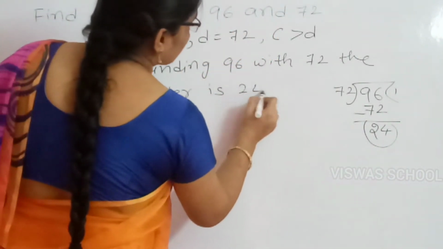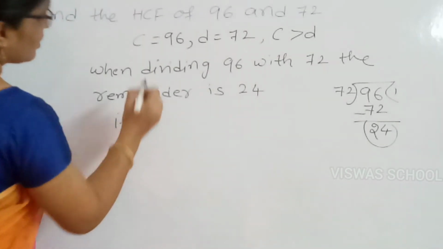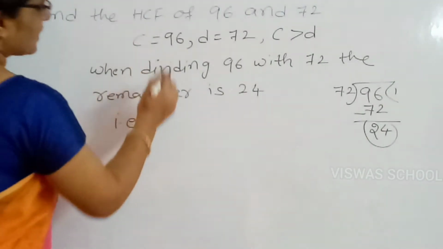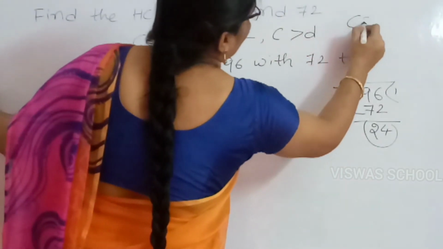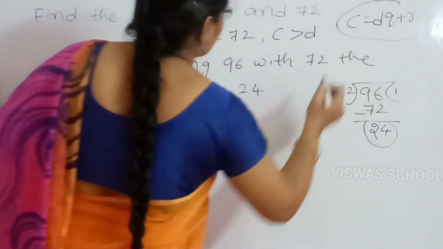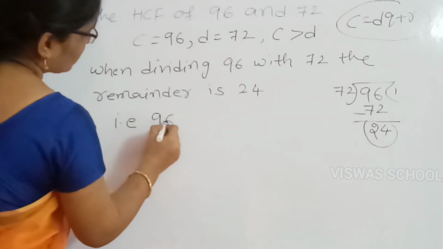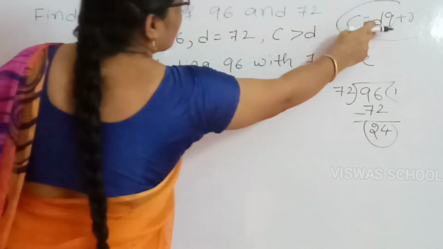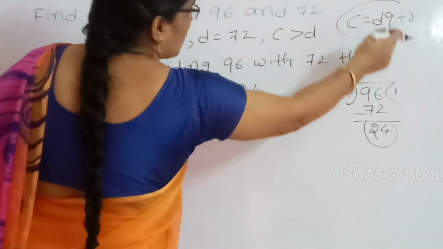The remainder is 24. Then how do you express this in Euclid division lemma way? That is C equals dq plus r. What is our C value here? 96 equals, and what is our D value? 72. And what is our quotient here?